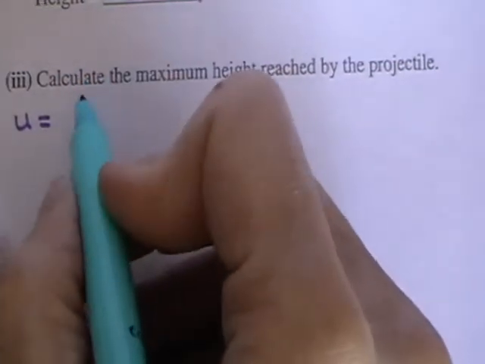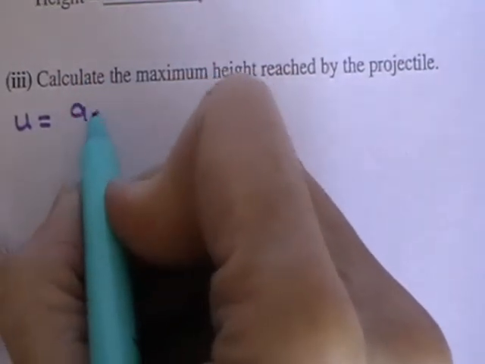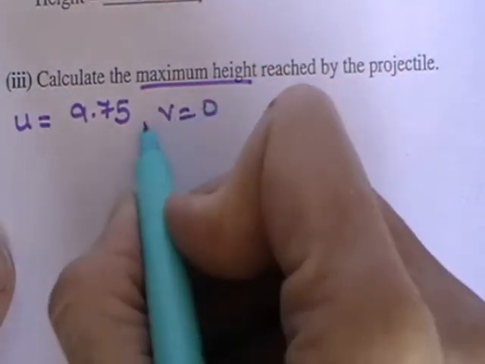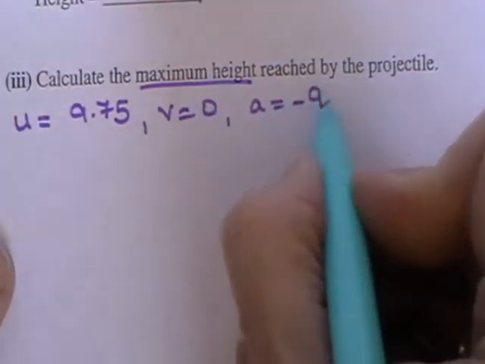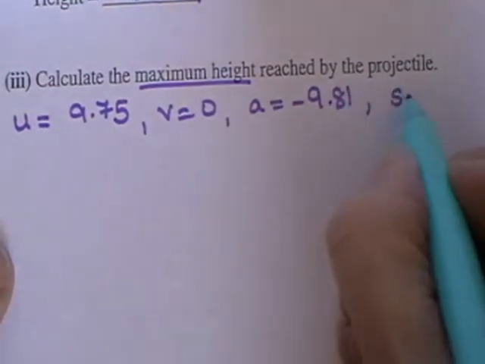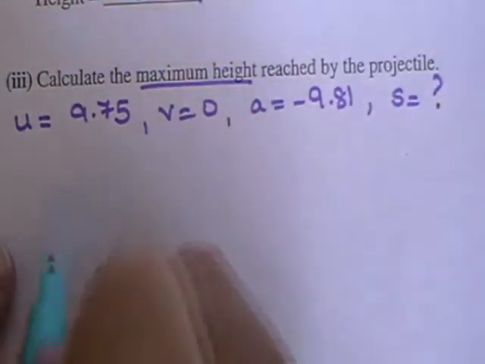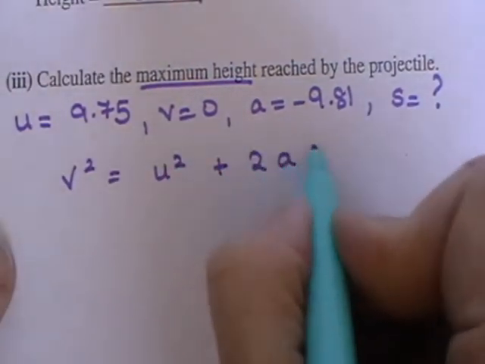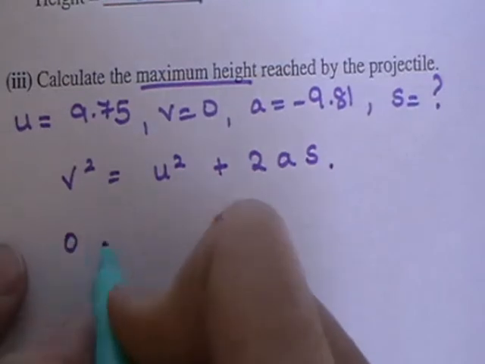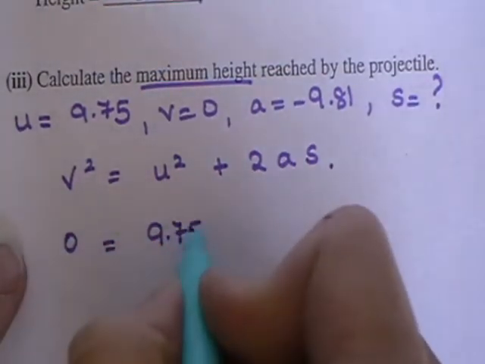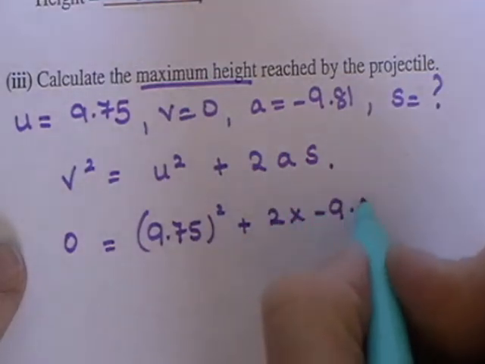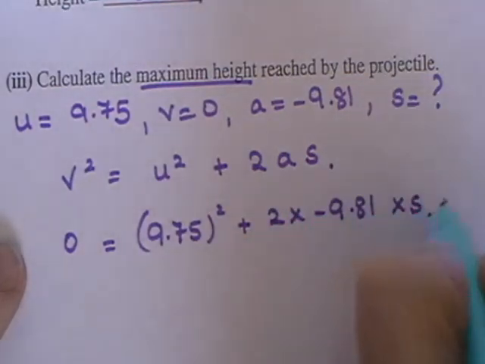So the initial velocity u is equal to 9.75. We know at maximum height that v is equal to 0. We know a is equal to minus 9.81, and we're looking for s. So if we use v squared equals u squared plus 2as, you've got 0 is equal to 9.75 squared plus 2 by minus 9.81 by s.